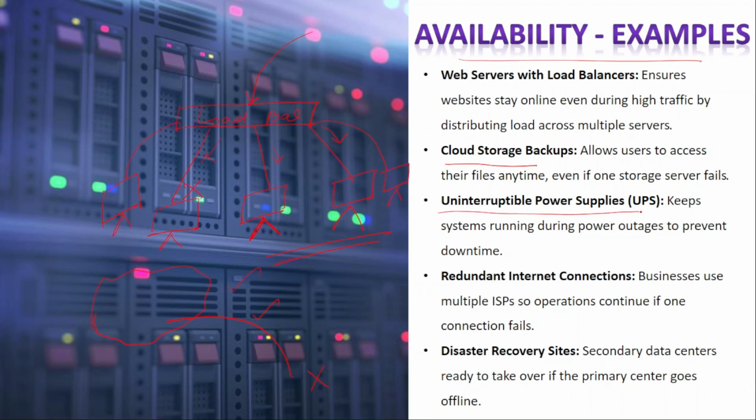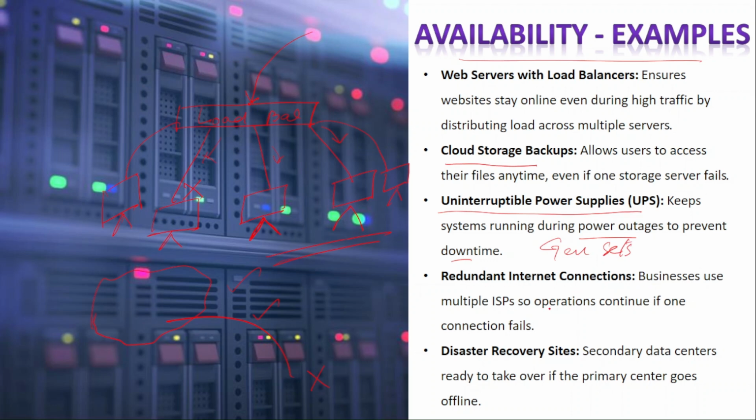Uninterrupted power supplies, that is UPS, keep systems running during power outages to prevent downtime. The UPS is used for shorter durations. For longer durations, if the outage is for a longer time, then you need generators and sets. Okay. So redundant internet connection.